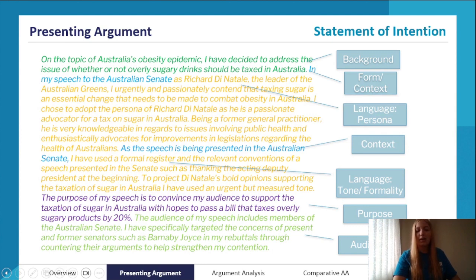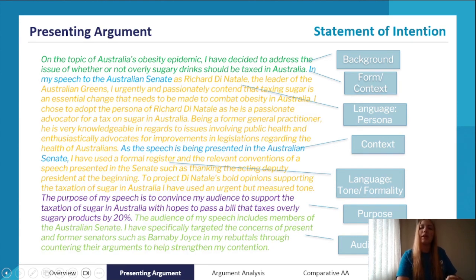"I've specifically targeted the concerns of present and former senators such as Barnaby Joyce in my rebuttals for countering their arguments to help strengthen my contention." Making it really clear that the reason this specific persona was adopted and the reason this specific audience was chosen was because they are the people holding the opposite opinion.